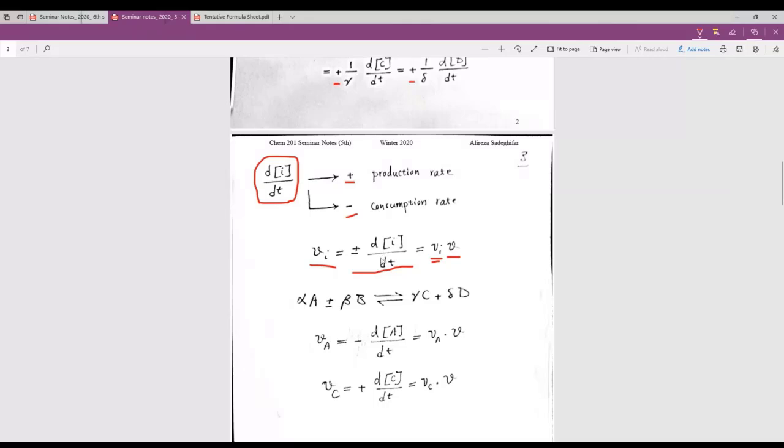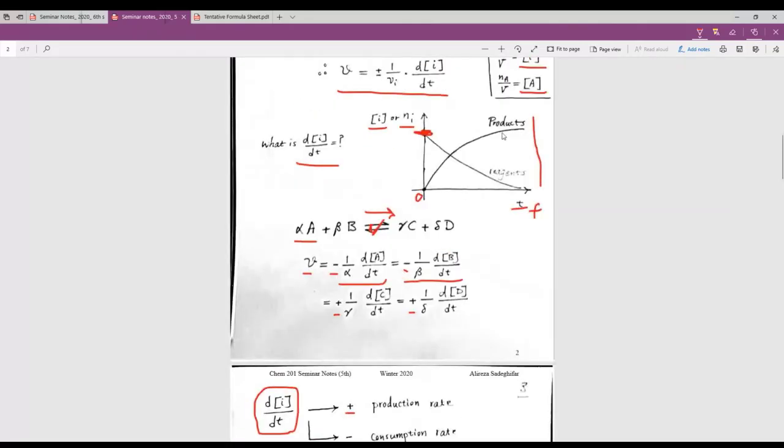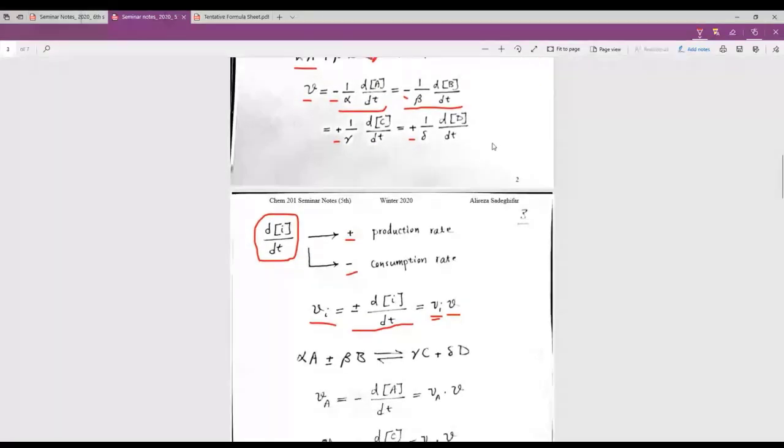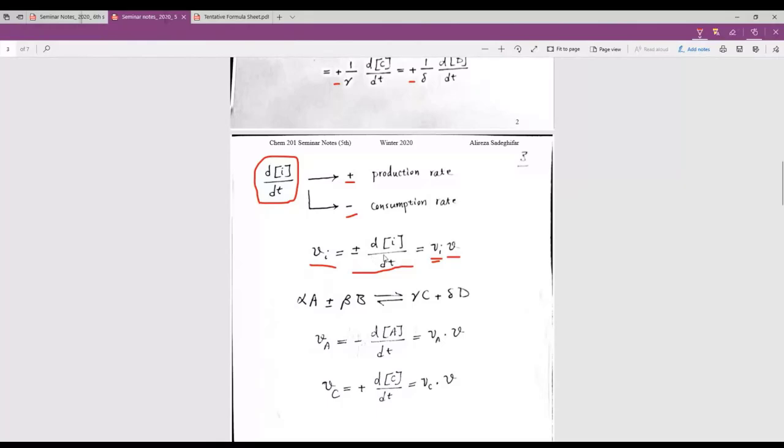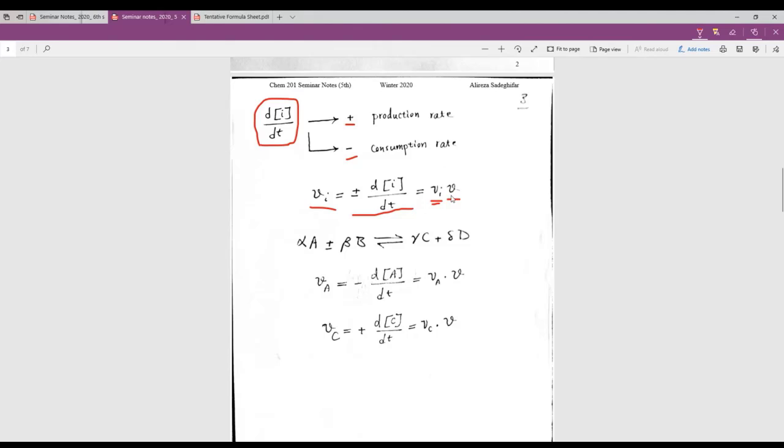Again, if we go back here, for the products it's always positive at any time during the reaction. So we don't really need to change the sign of the slope. So it's just a positive sign. And it is proportional to the general rate by using its coefficient. If you multiply the general rate by the stoichiometric coefficient of species I, then you will get the rate of consumption or production of species I in the reaction.